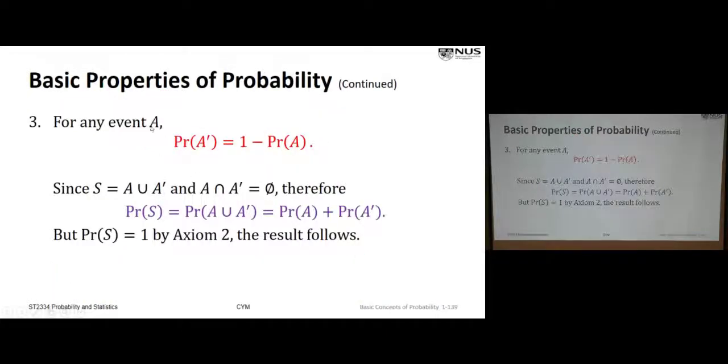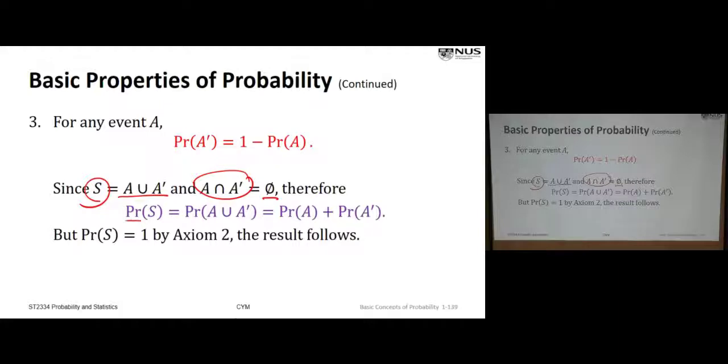And for any event A, probability of A complement is equal to 1 minus probability of A. This is quite straightforward because A union A complement is the sample space and the intersection is empty set, because they must be mutually exclusive.